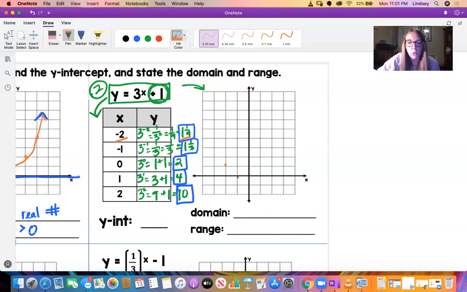Then I have -1 and 1/3. So 1/3 of this line is about right there. That feels right. Then we have 0 and 2. So go to 0, or don't go any, and then I go up 2. All right, you can slowly see that gradual kind of arch.